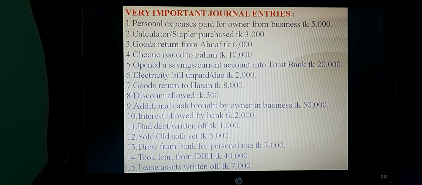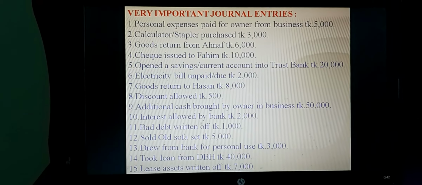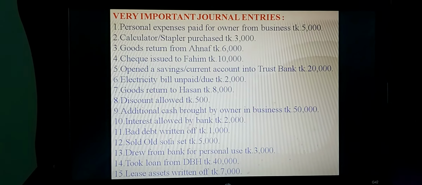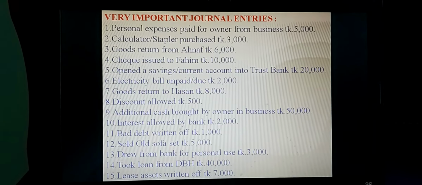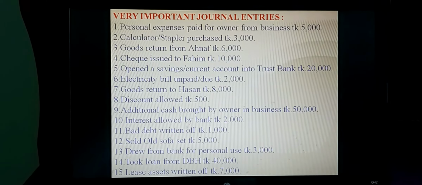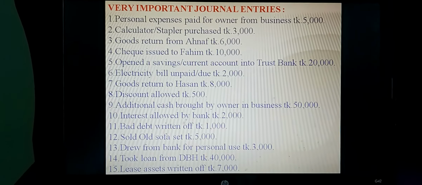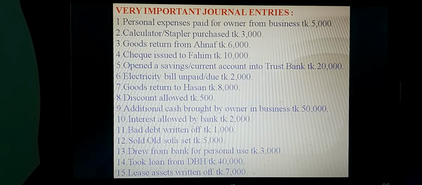When bank increases, that is asset increase. So bank account is debit for this transaction and interest revenue account credit. So you can write in a hurry: bank account debit, interest revenue account credit.